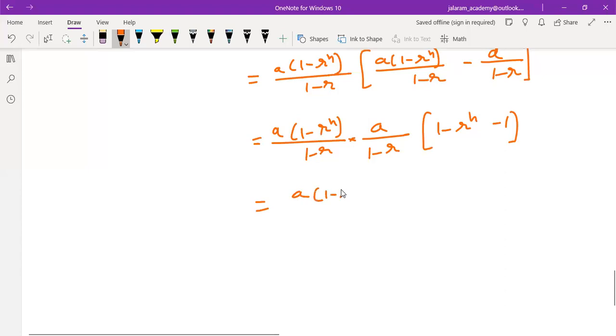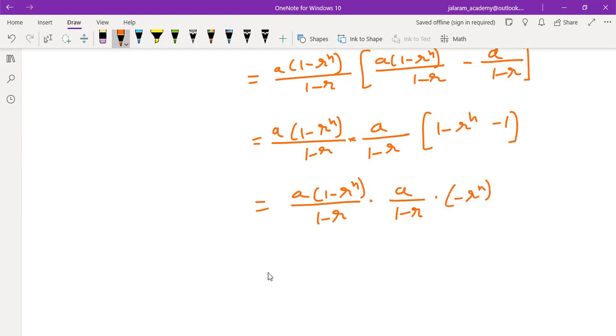So A into 1 minus R to the power n upon 1 minus R into A upon 1 minus R into, after cancelling 1, it is minus R to the power n.